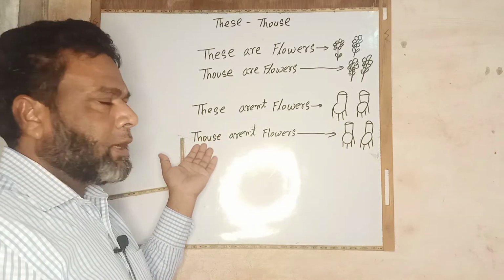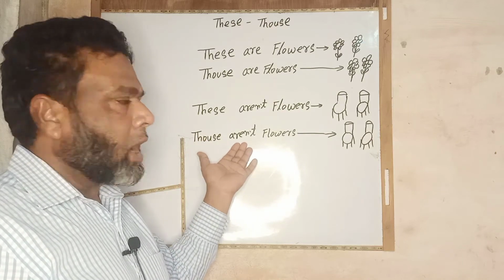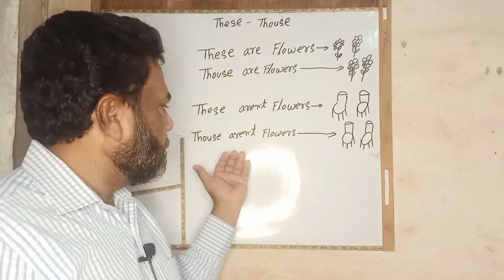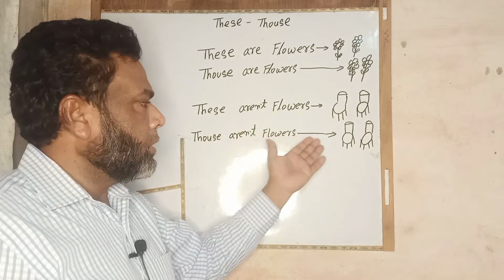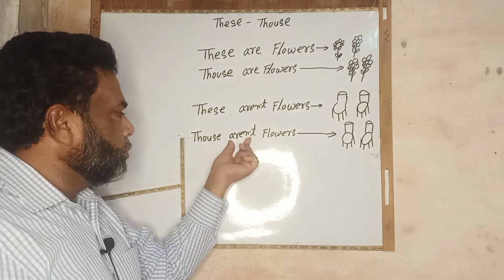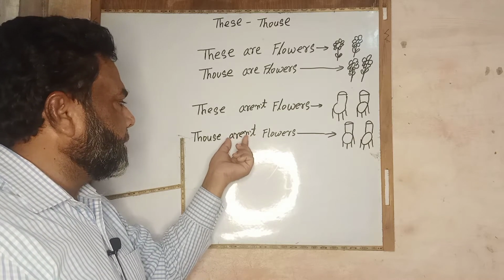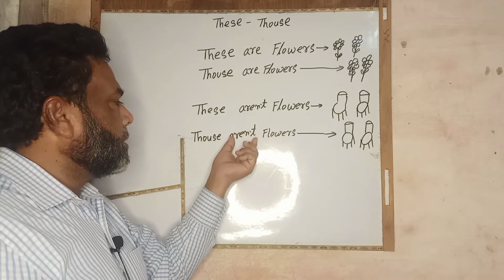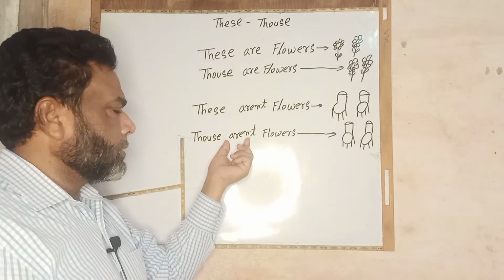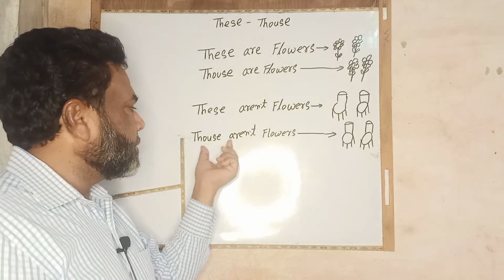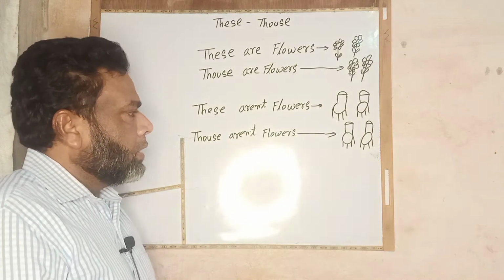So we say those aren't flowers. And also here we use the contraction are not, in short, aren't. Those aren't flowers. Okay.